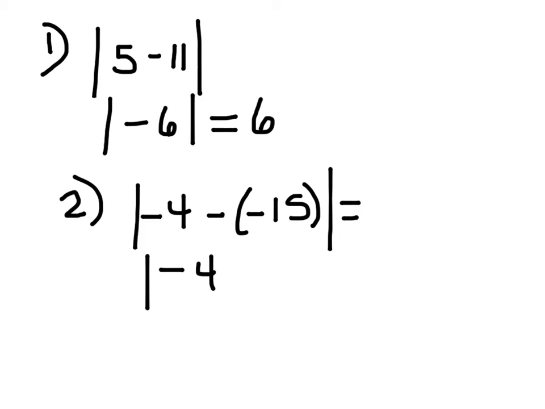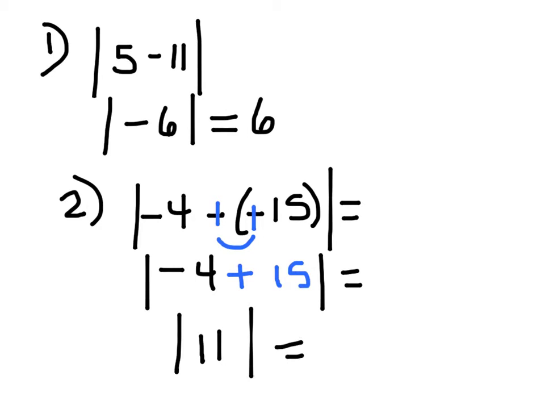We change the minus to positive, and we say plus 15. And minus 4 plus 15 inside the absolute value is positive 11. Outside the absolute value, it will be 11. And those are my two answers for these two problems.